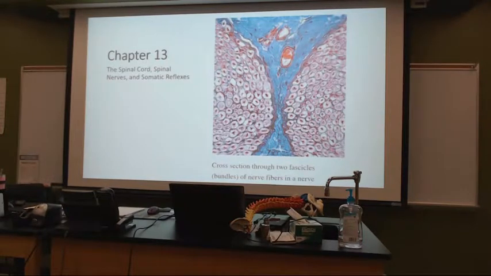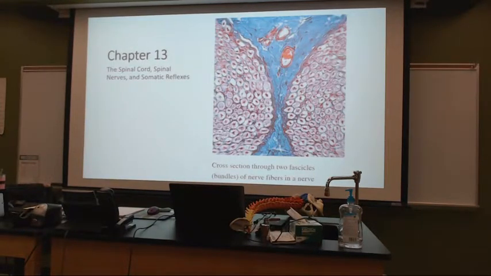So in this particular chapter, we're going to touch on the spinal cord, which is a part of the central nervous system. We're going to look at what is termed the spinal nerve.